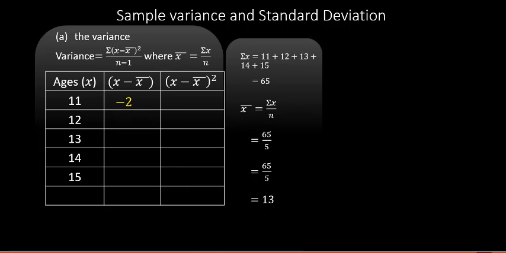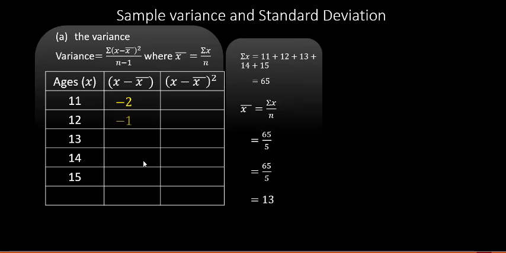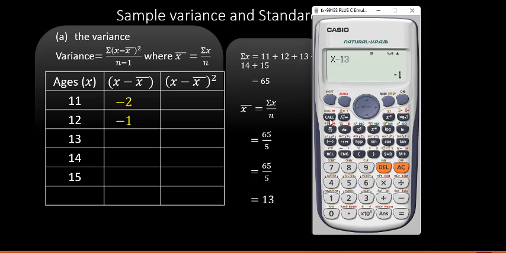Now we do the same for the second one. Press the calculate key once more, and then key in the number 12, and that's going to give us -1. We put that there as well, and then go to the next one, press calculate, and type 13, and that's going to give you 0.